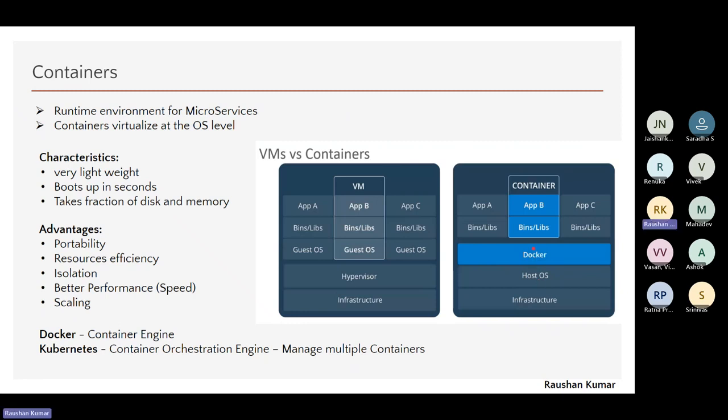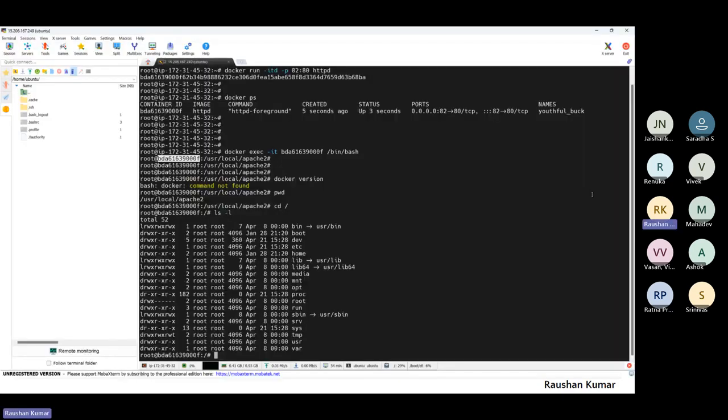Since the container engine virtualizes the host OS, I can leverage the same host OS for all the containers. That is the reason. I can leverage the host OS by all the running containers. That's the beauty of containers. It's a separate world.